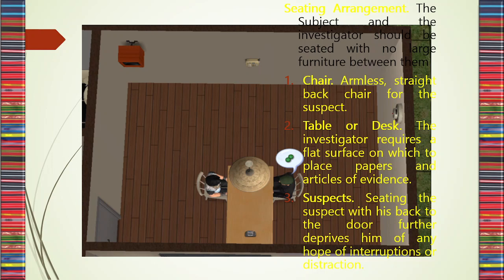Seating the suspect with his back to the door further deprives him of any hope of interruptions or distractions. So once again, the suspect must be seated with his back to the door to avoid interruptions in case someone would enter the interrogation room during the interrogation.